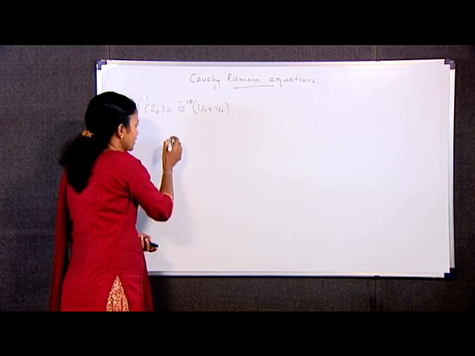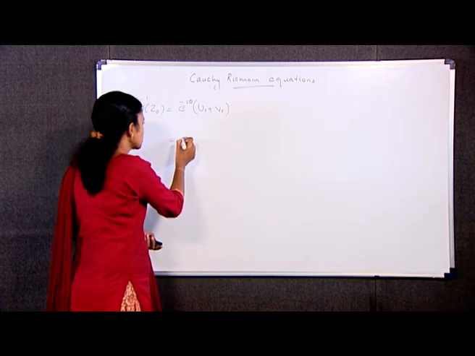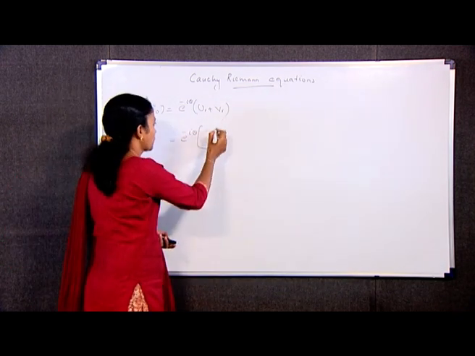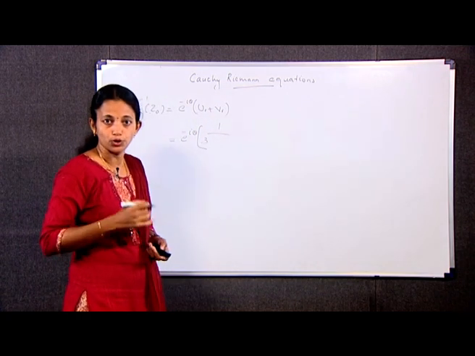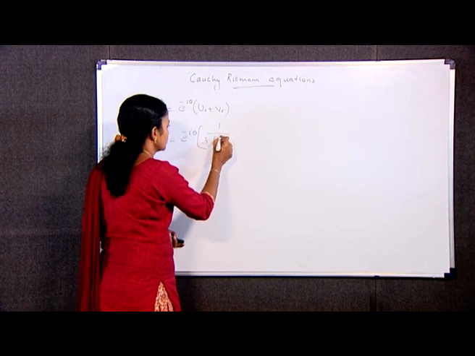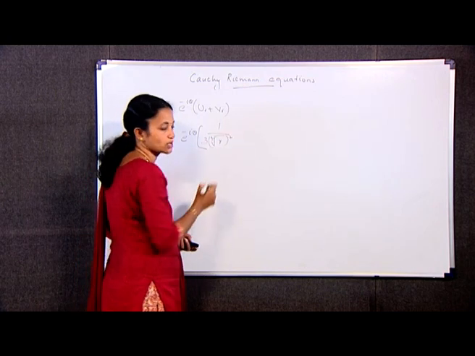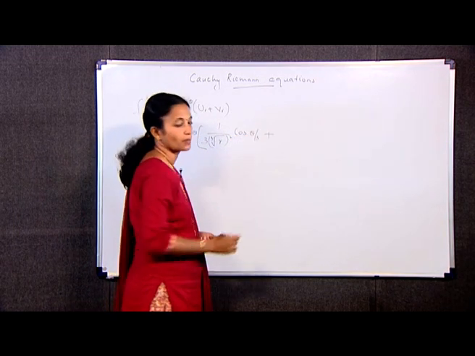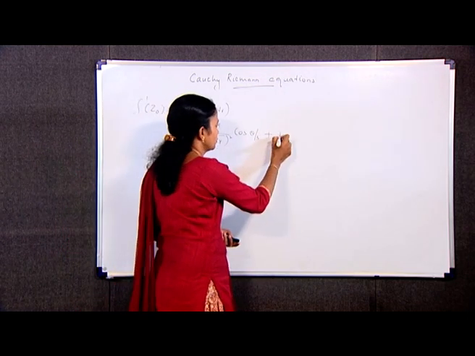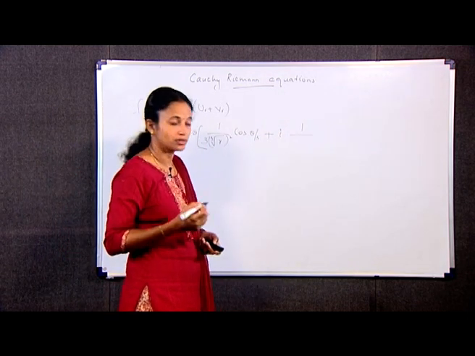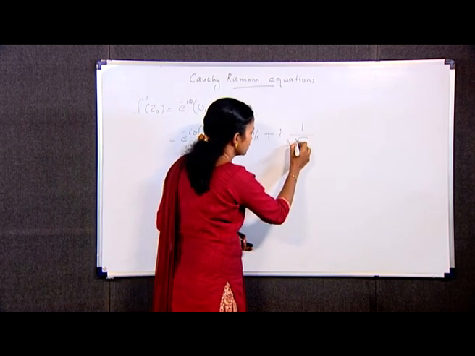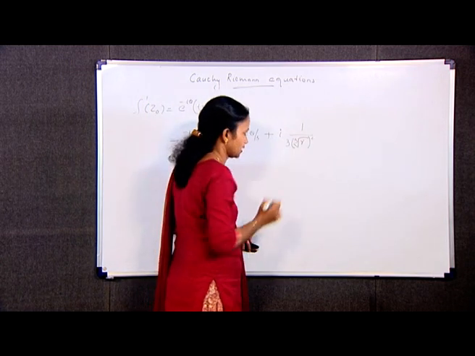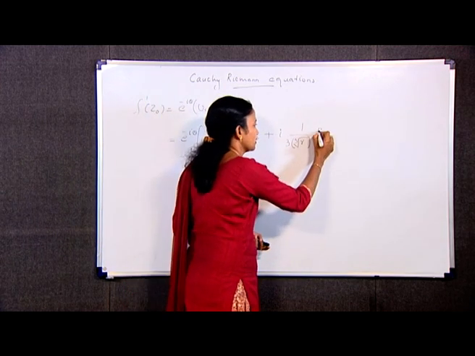Substituting the values of u_r and v_r, this is equal to e raised to minus i theta times (1 by 3 into cube root of r whole square, cos theta by 3, plus i into 1 by 3 times cube root of r whole square, sin theta by 3).